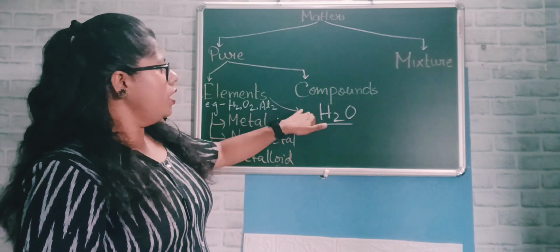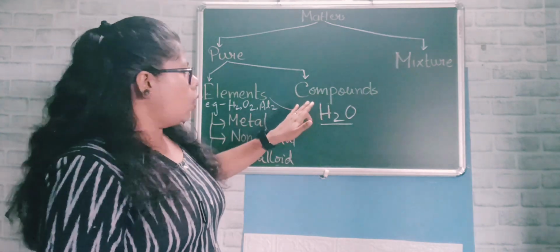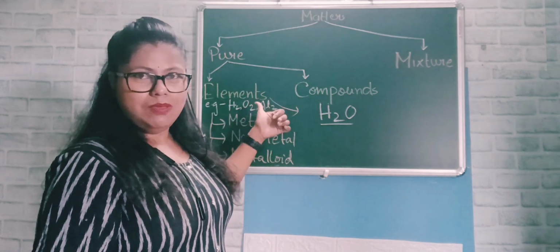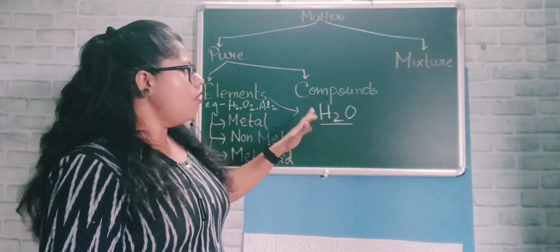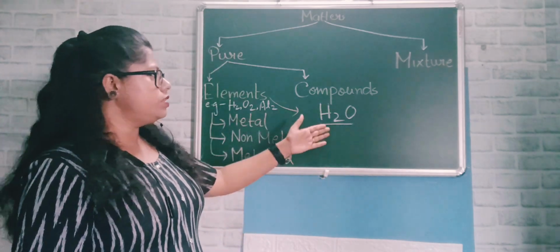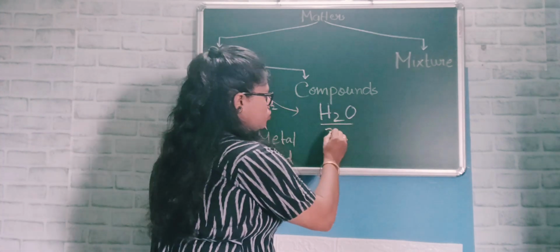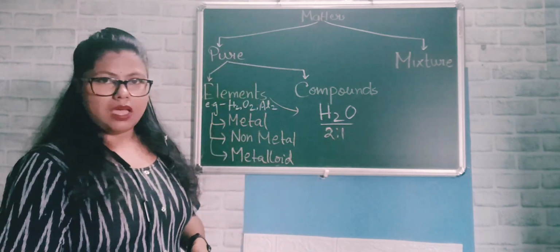So what do we understand? A compound is a substance which is made up of elements combining chemically in a fixed proportion. Why fixed proportion? Here the proportion is 2:1.